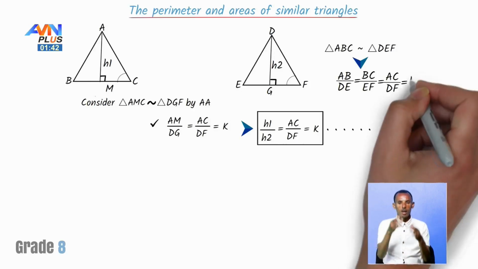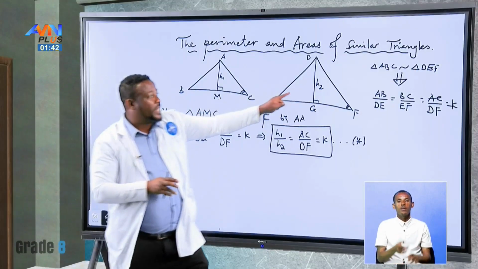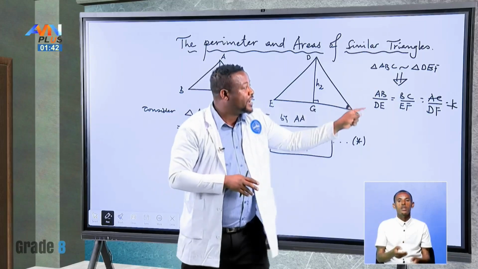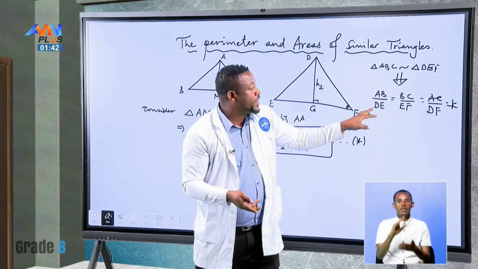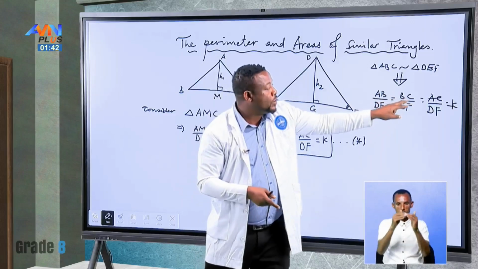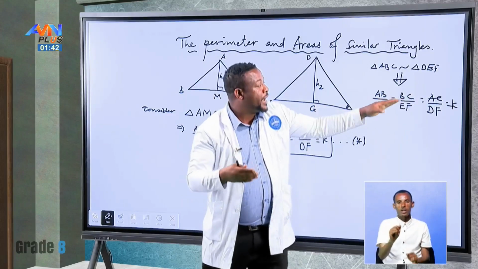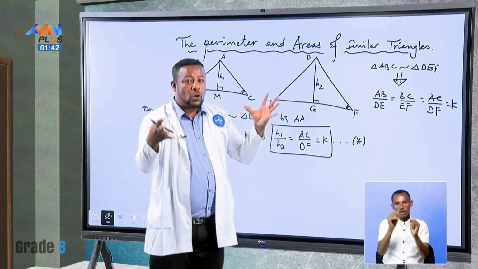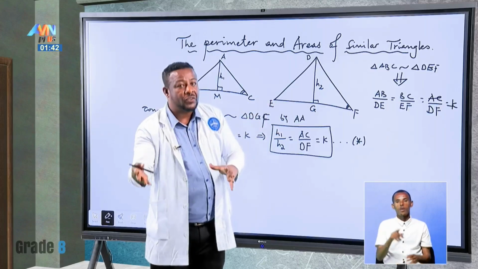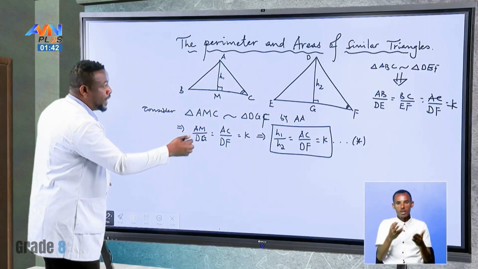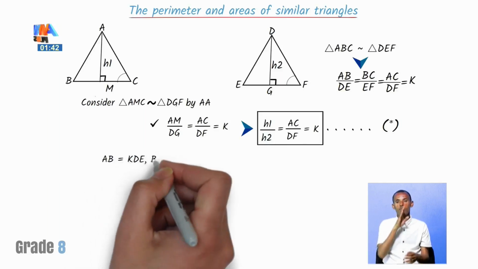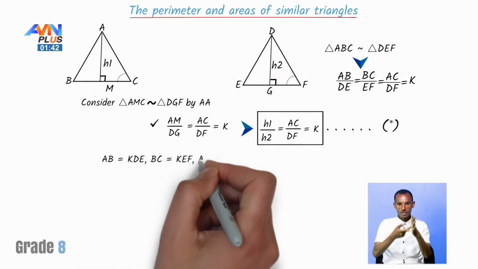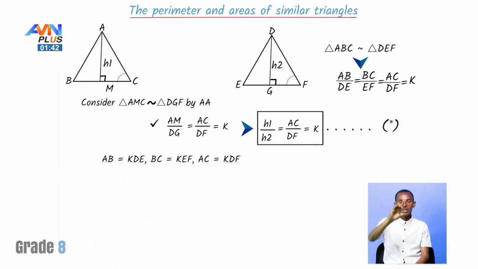So now, from this, let's take each of them and equate with K. AB over DE is equal to K, BC over EF is equal to K, AC over DF is equal to K. So whenever you take all these three things, you derive that AB becomes K times DE.